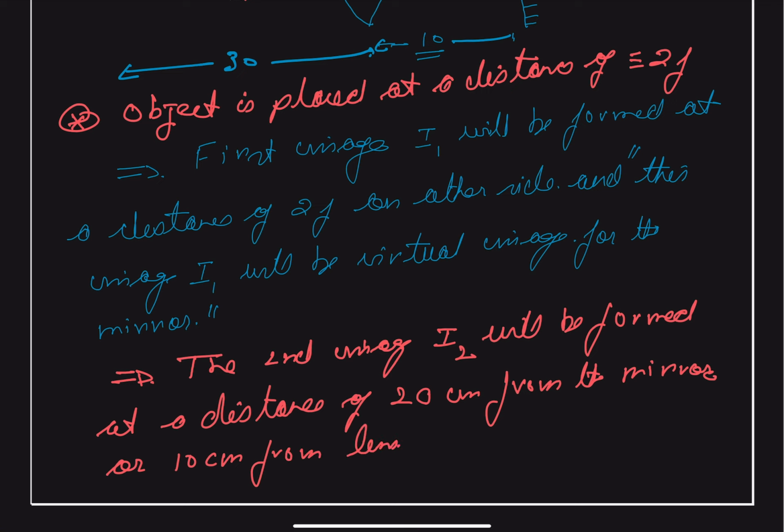So in totality, we found out that up till now we have two images, I1 and I2, and I2 is 10 centimeter from the lens, to the left side of the lens.